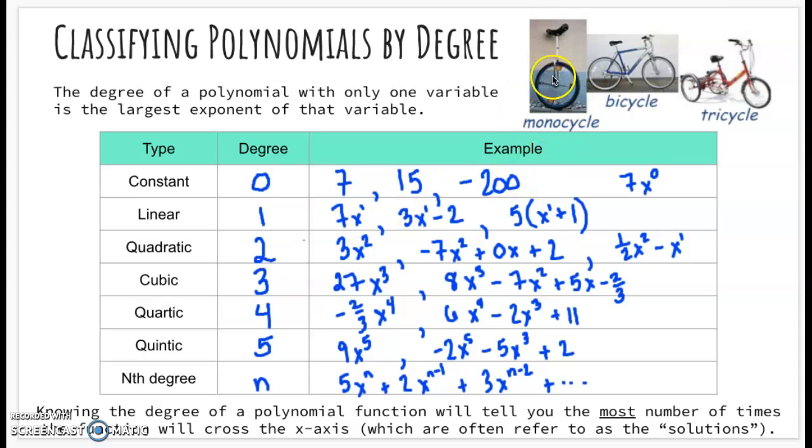It just has one term, kind of like a monocycle, right? Or this very next example, I have 3x minus 2. Its terms are always separated by addition and subtraction. So I actually have two terms here. That would be called a binomial, having two terms. Think about a bicycle, has two wheels.